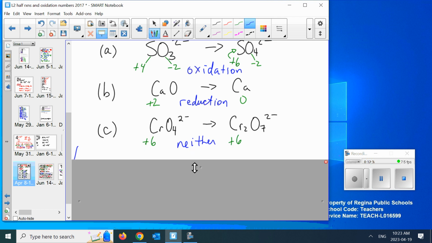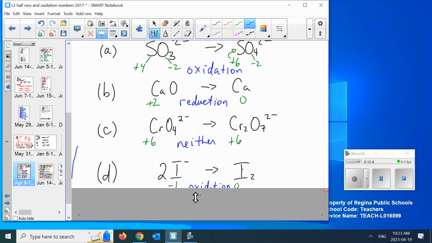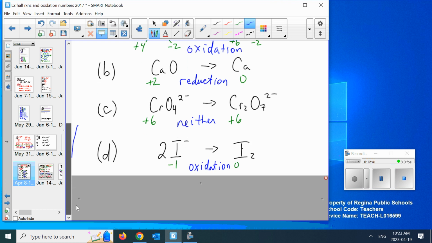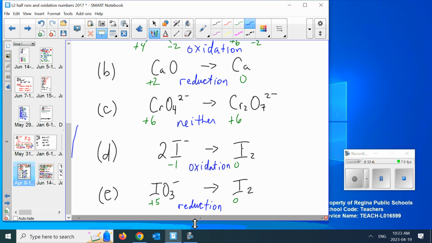Nothing happened here. Neither, not reduction or oxidation. This one's oxidation, so it increases in charge. And then we have reduction. Any questions about any of those 5?